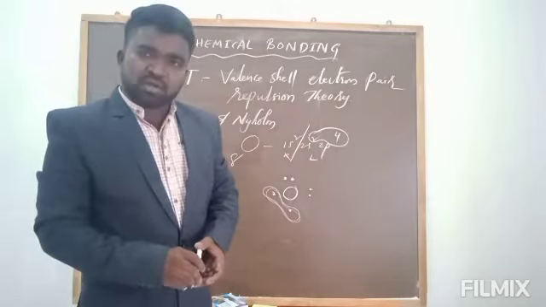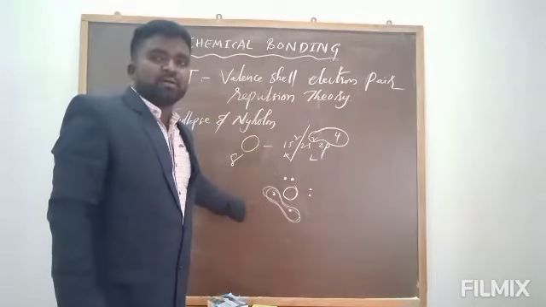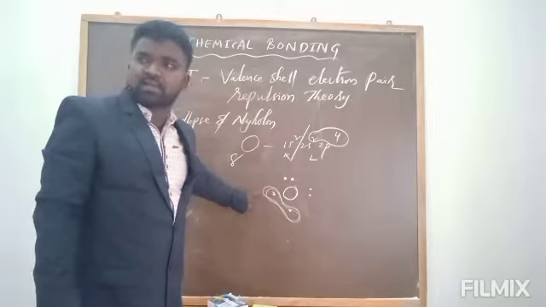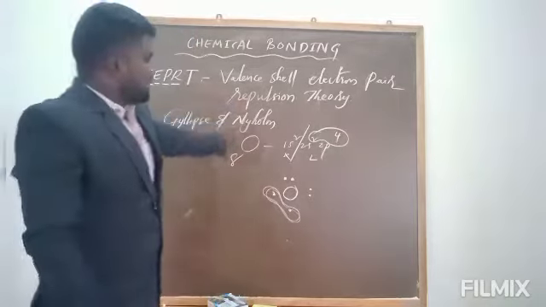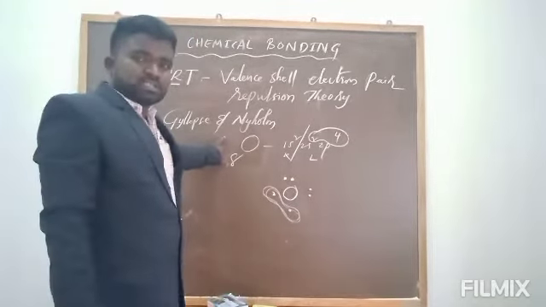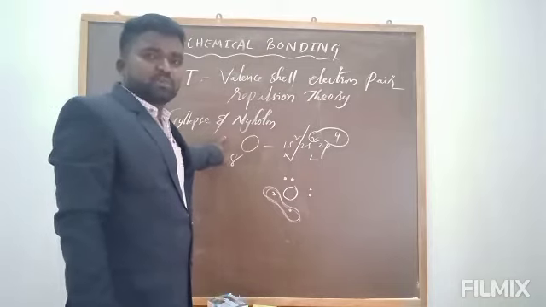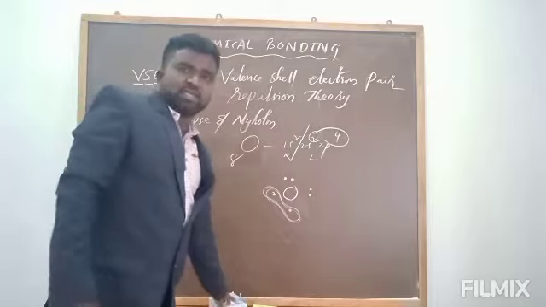According to this VSEPR theory, there will be repulsions between lone pairs and bonding electrons, lone pairs and bonding electrons. Now we will discuss somewhat deeply with examples. Okay, all of you listen carefully here.